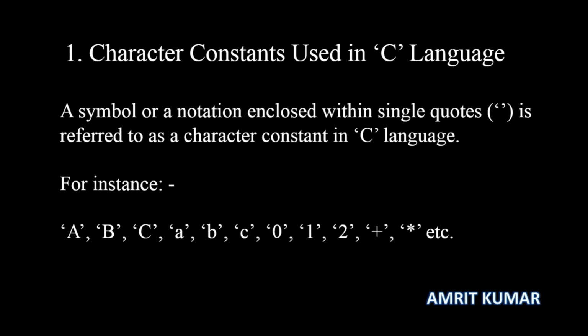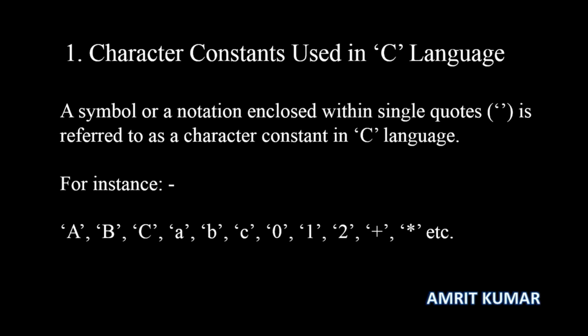A character constant is a symbol or a notation enclosed within single quotes. Single quote is so important. It is referred to as a character constant in C language. So any symbol or notation which is enclosed within the single quotes, we call it a character.